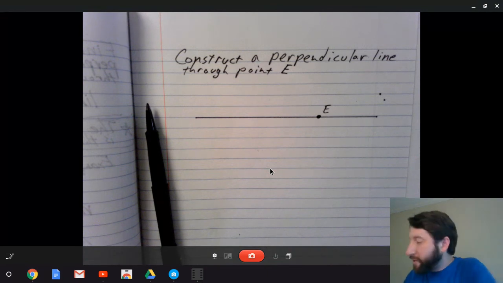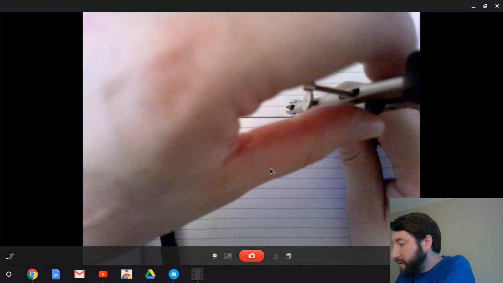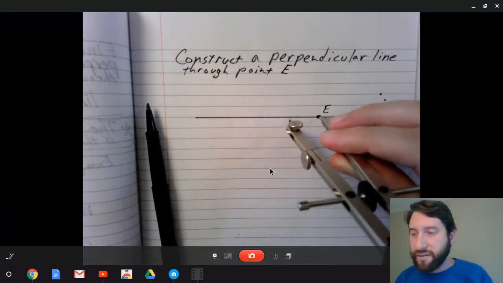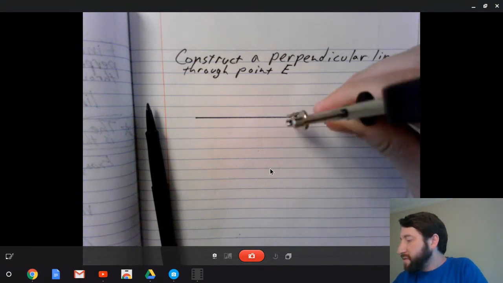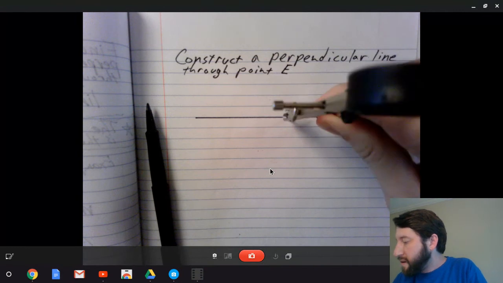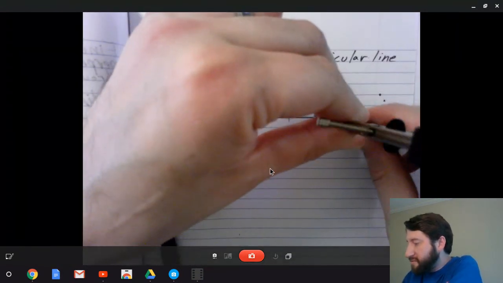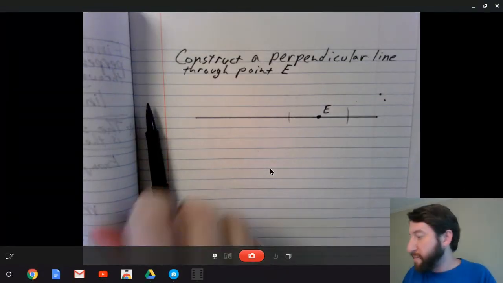But what I can do, I can still use my compass to find two equidistant points. So the word equidistant. Equidistant means that they are the same distance away. So I'm going to use my compass, and I'm going to basically create two, what I'm going to call endpoints. They're not really endpoints.